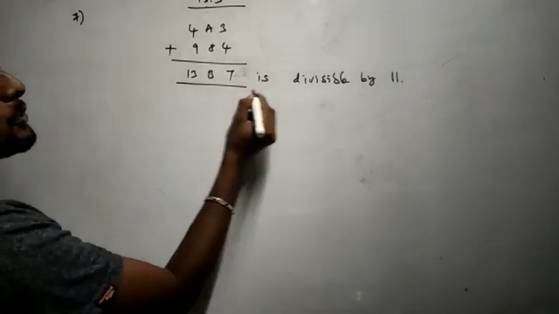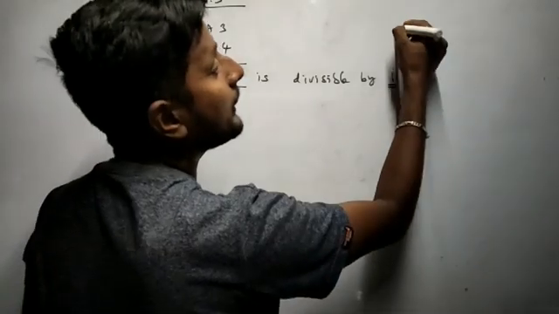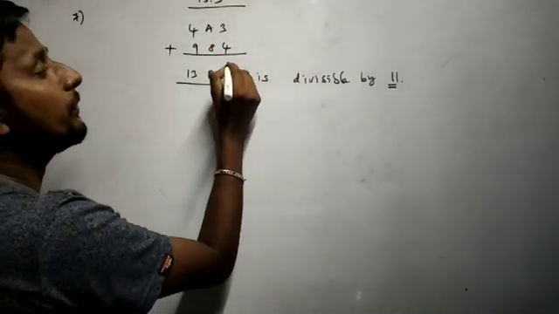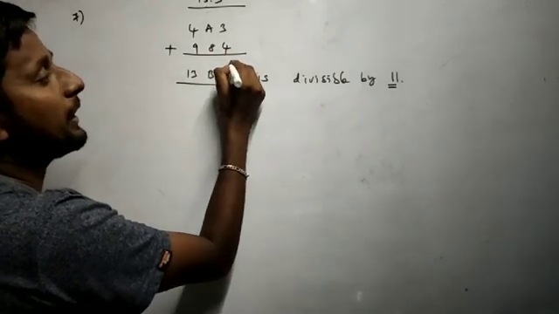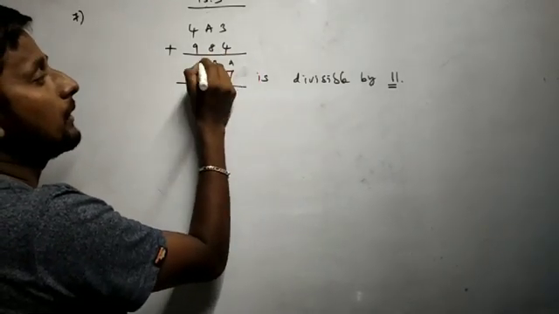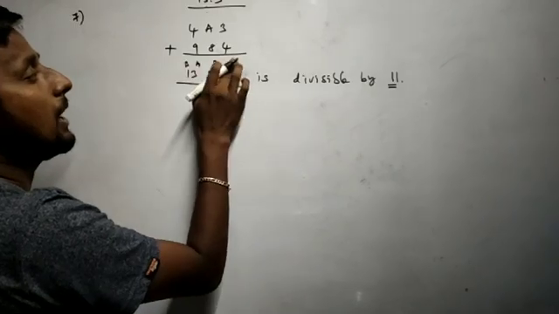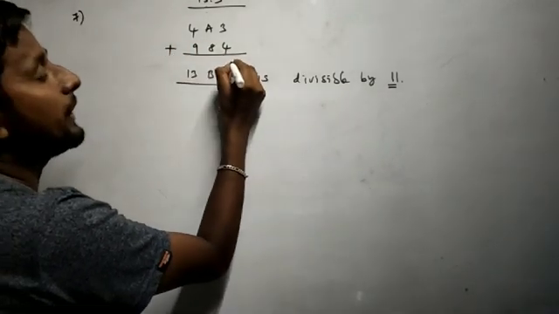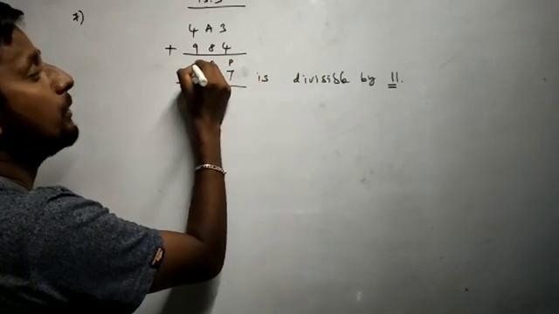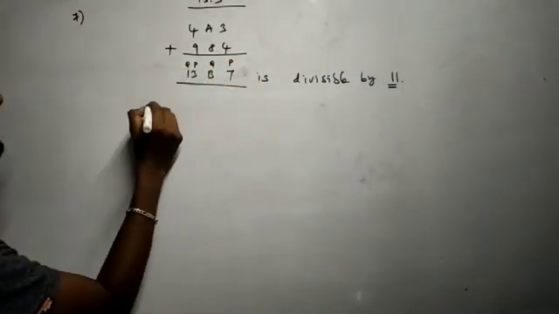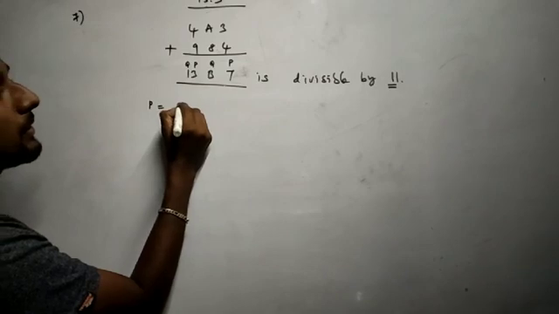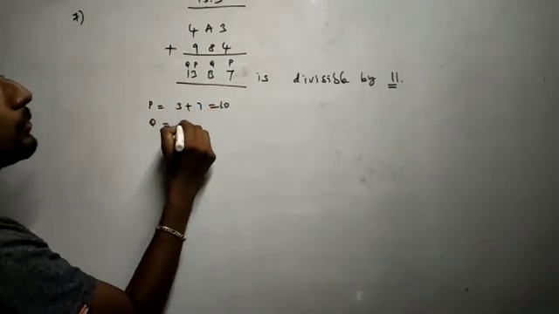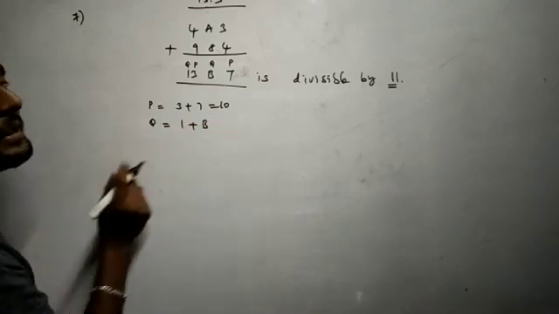Look at it. So the divisibility rule of 11: write down the difference of the sums of the digits in two groups. I am writing P and Q. The sum of the digits of P, say 3 plus 7, is equal to 10, and the sum of the digits of Q is 1 plus B, we can't add them, correct?